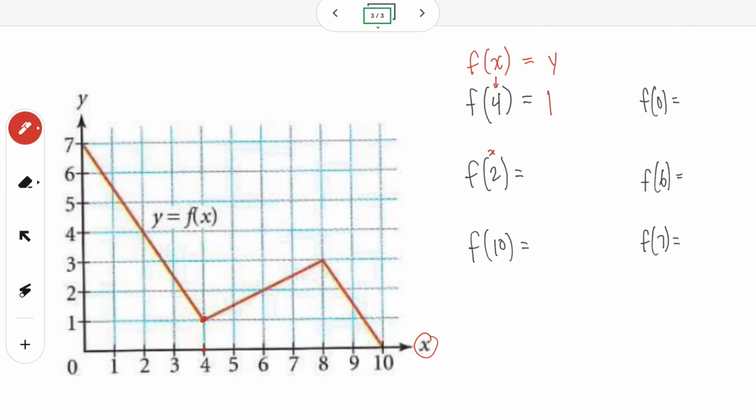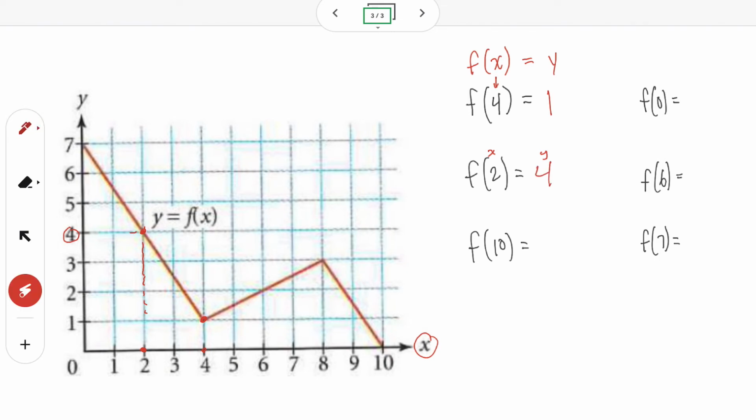You can even write it for yourself. I'm looking for my y. My x value is 2, so I'm right over here, tracing up to my y value. I started at 2, said my x value is 2, traced up to this point, paused there, and went to find my y value, and it's 4. So f of 2 is 4.